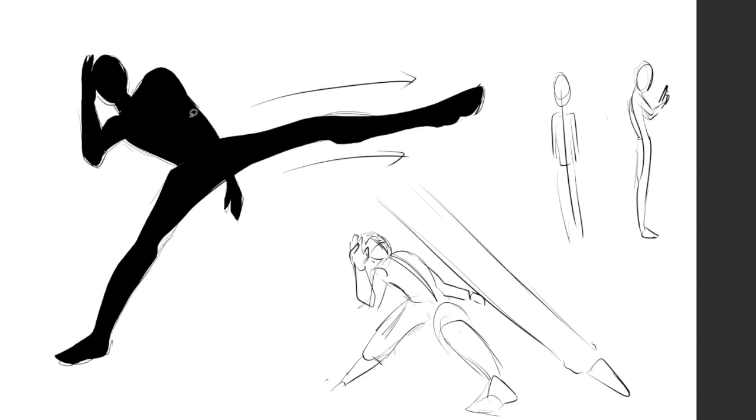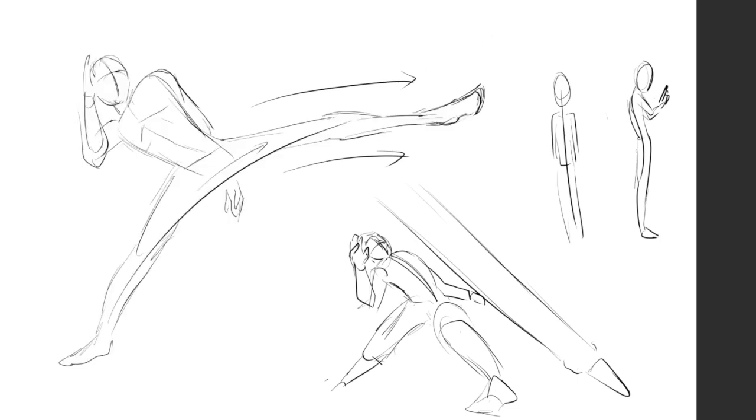For example, in the silhouette, you can't really see the face or the direction of the face. Maybe you can fix that, I guess. But basically, if you have a confusing pose that your readers might have a hard time understanding, maybe the reason why it's confusing is because the silhouette of that pose is a bit hard to understand.